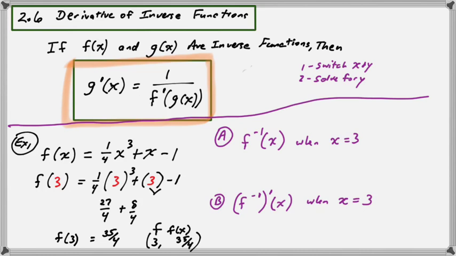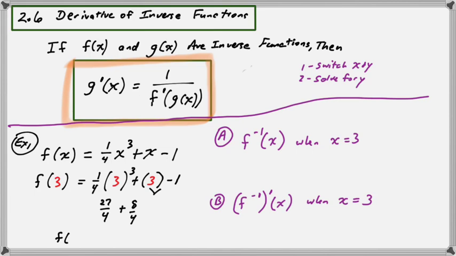Okay, I'm looking at this, and I think I might be going the wrong way. If I put in a 3, that gives me f of 3. Is that correct? Does it ask for f of 3, or does it ask for f inverse of 3? We want f inverse of 3. So if you don't mind, I'm going to re-examine this thing.